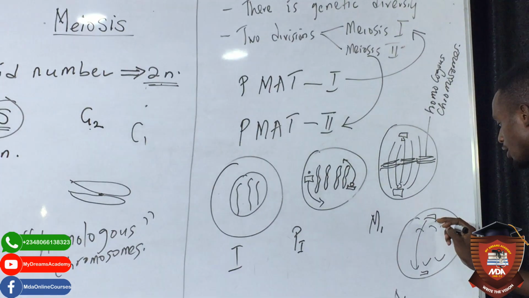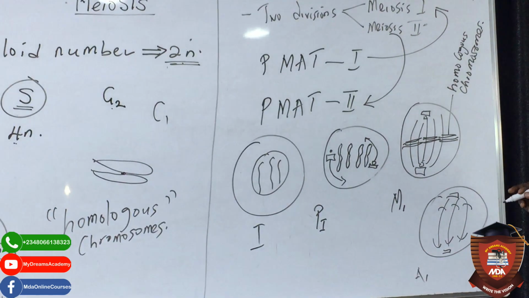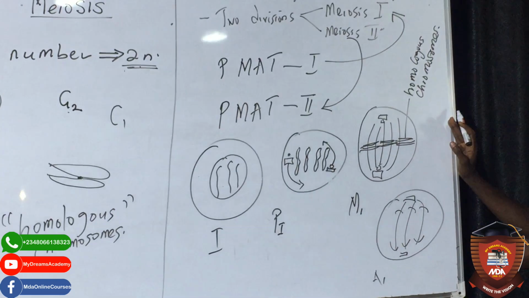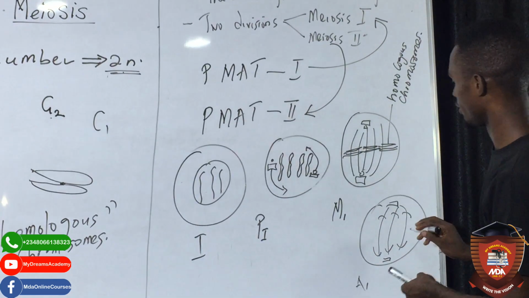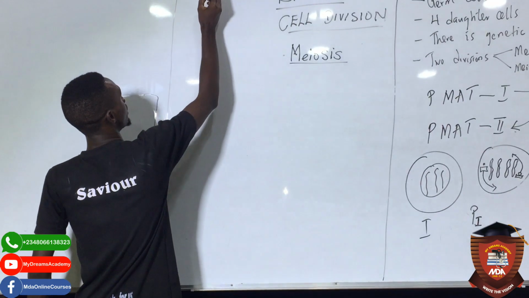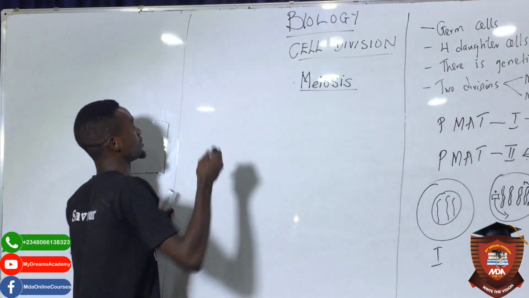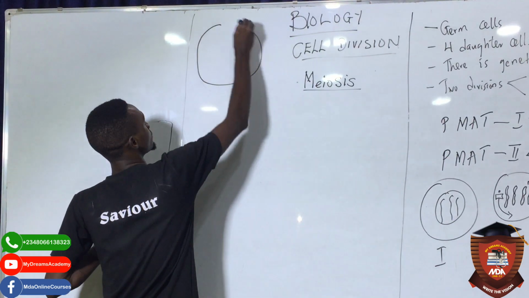They are all separating and moving towards the ends. Now in telophase 1, they arrive. In T1, the homologous chromosomes have already arrived at both ends of the cell, just like that.